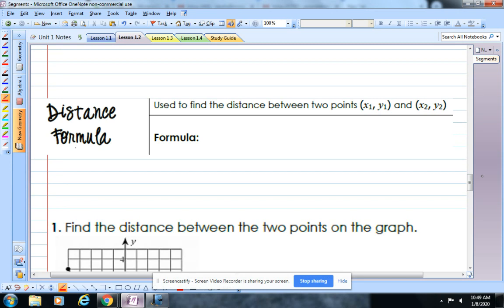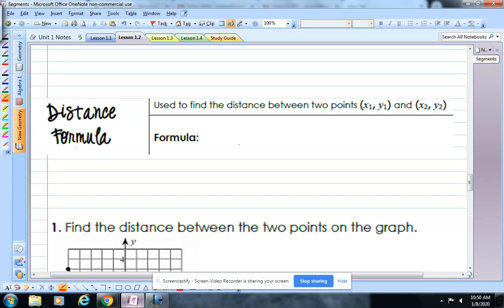Okay? So if you want to find the length of a segment on a graph, you want to use the distance formula. Okay? Or if they give you coordinates, because that's talking about a graph, right? So the distance formula.